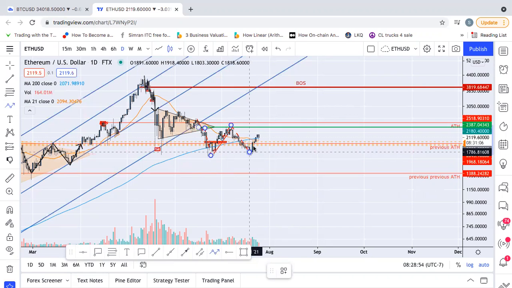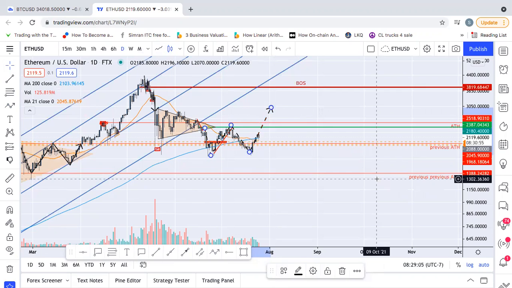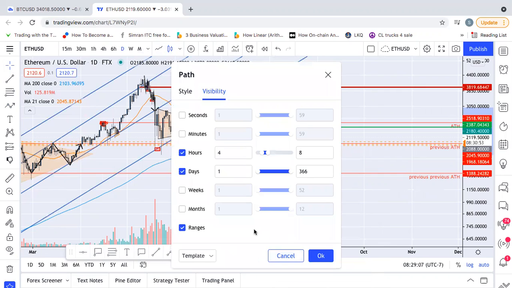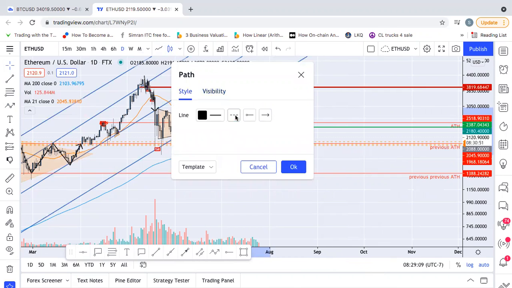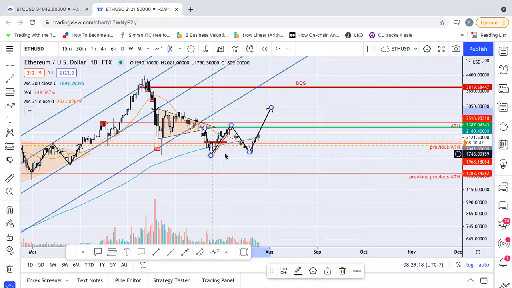What happens with a double bottom is that you're usually waiting. Let's make this black so you can see it. Let's make it solid as well. Okay. So usually with a double bottom, it makes two of the same type of lows, at the same level, which it almost did.